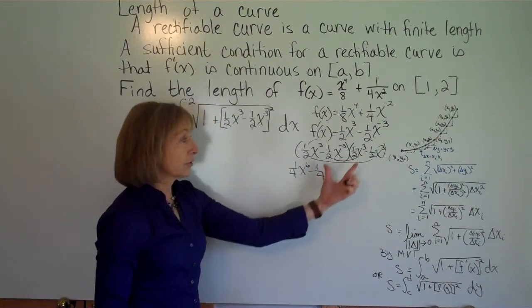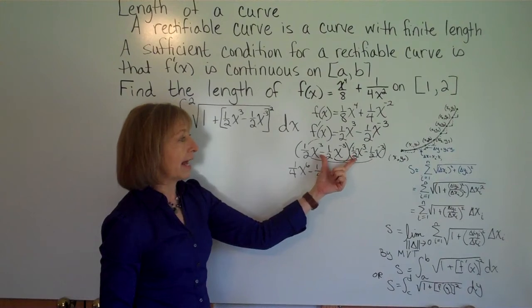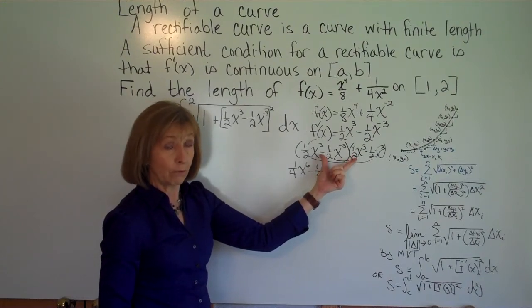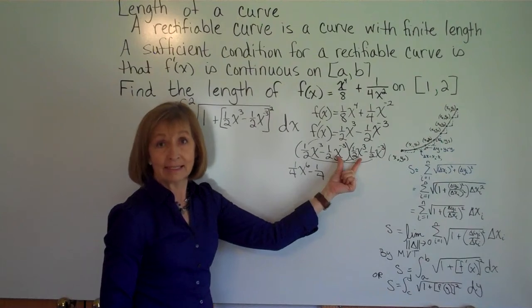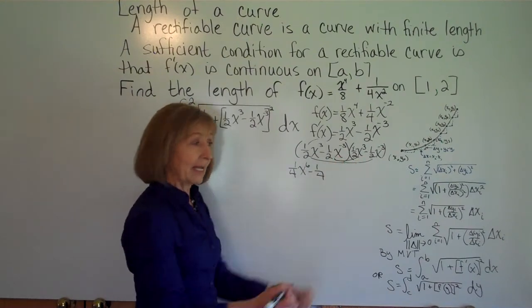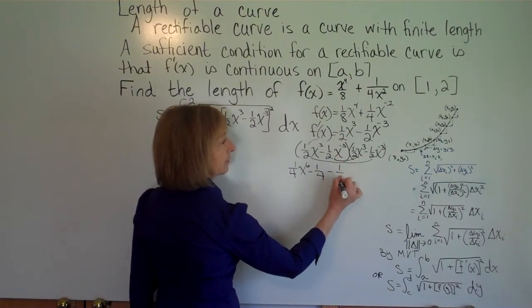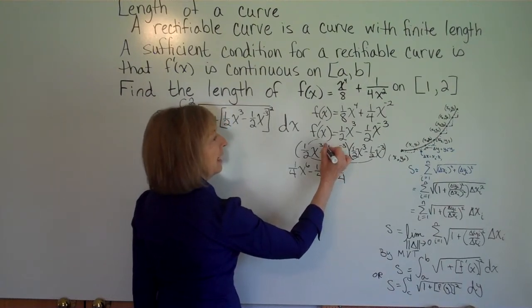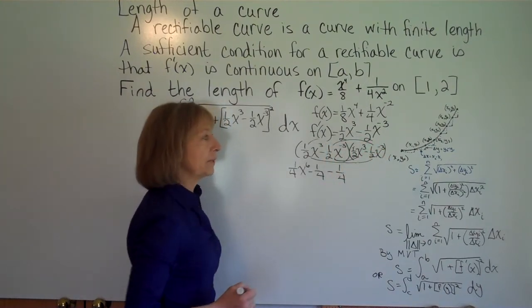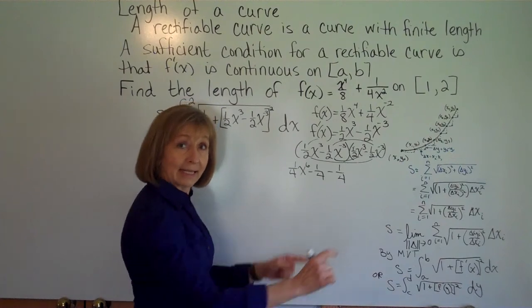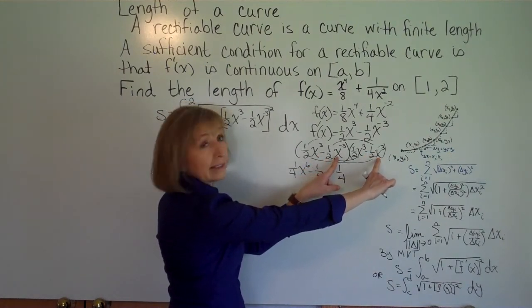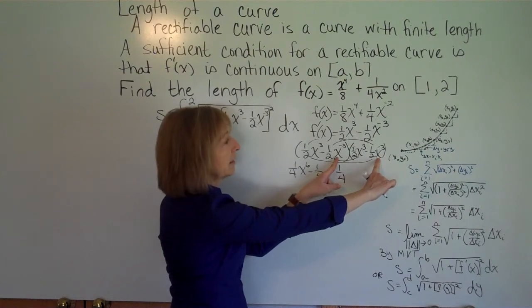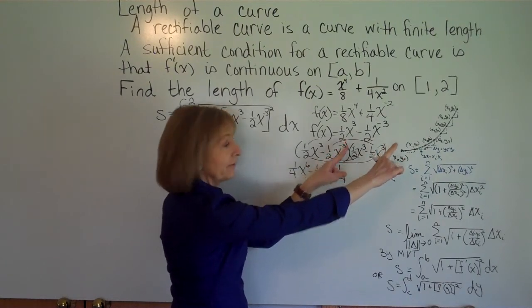And then for the inner terms, again, I get negative 1/2 times positive 1/2, which is negative 1/4. x to the negative 3 times x to the positive 3 is x to the 0, so that just gives me a negative 1/4. And then negative 1/2 x to the negative 3 times negative 1/2 x to the negative 3 is positive 1/4 x to the, keep the base, add the exponents, negative 3 plus negative 3 is negative 6.